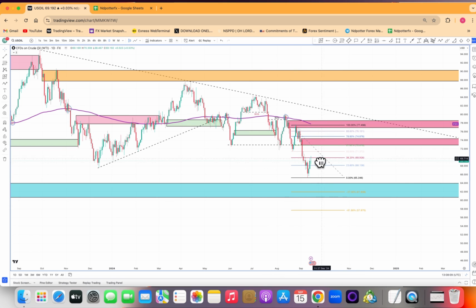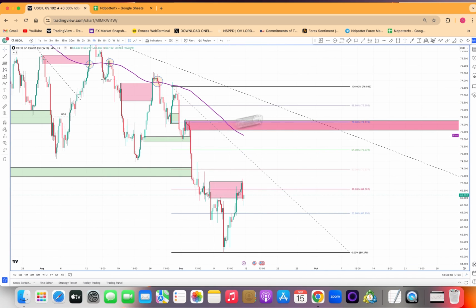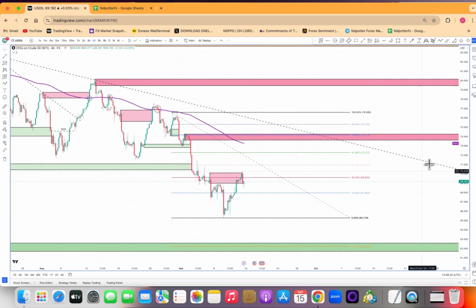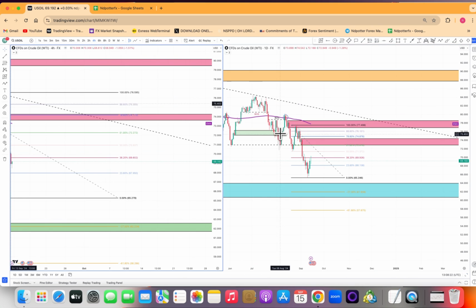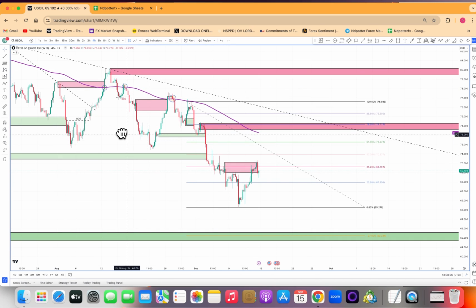So I'm going to be looking to trade oil for the coming week, knowing that the data is very, very bearish. Here now on the 4-hour time frame, you see that EMA 200 is above, clearly showing me that the market is bearish.